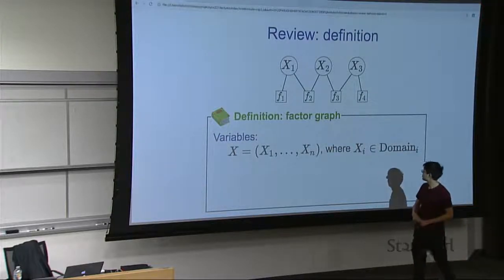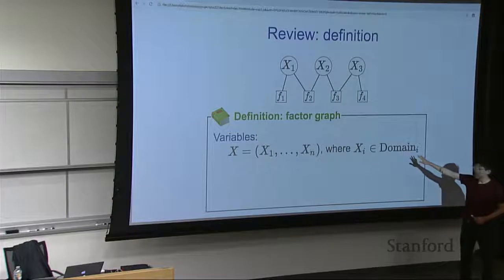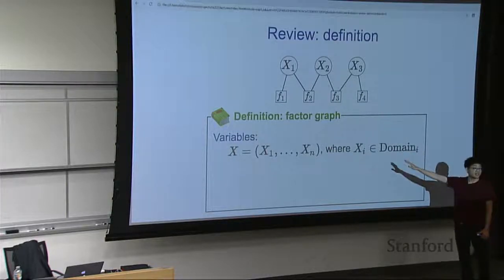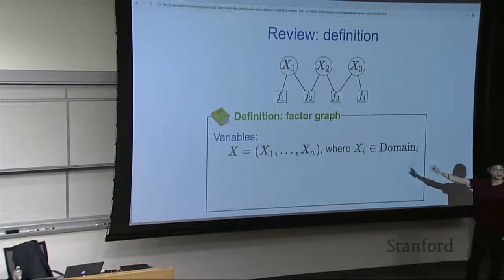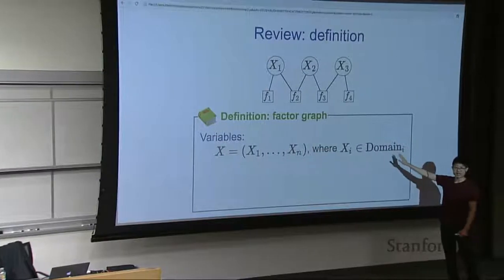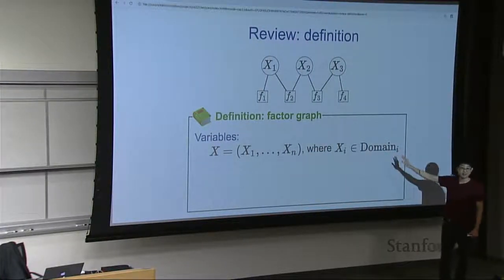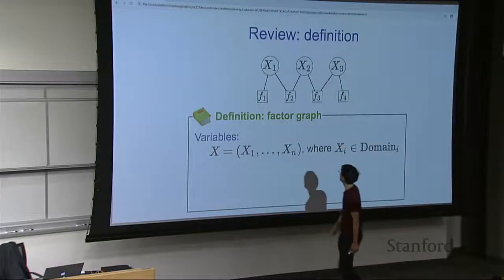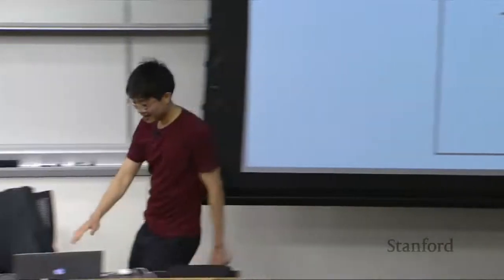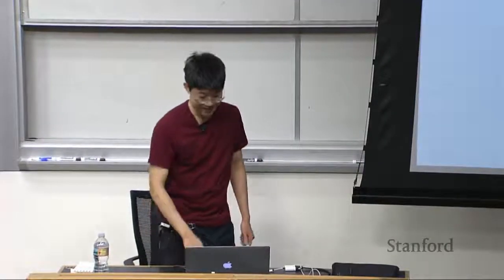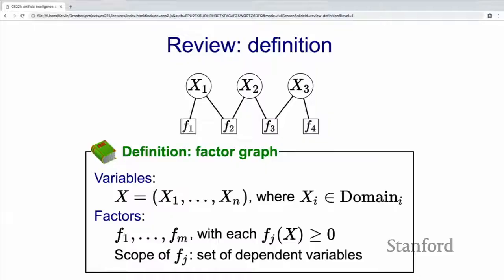And then just to review some notation here, domain sub i for x sub i, those are all the values that the variable x sub i can take on. So if x can be a color, domain sub i would be the set like red, blue, and green. And then the factors.